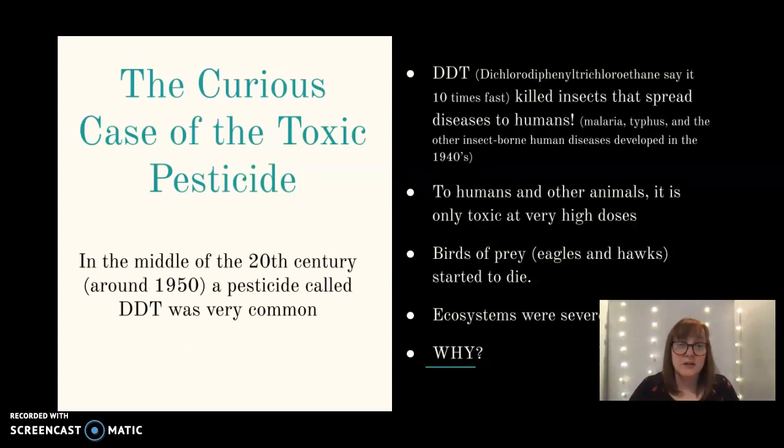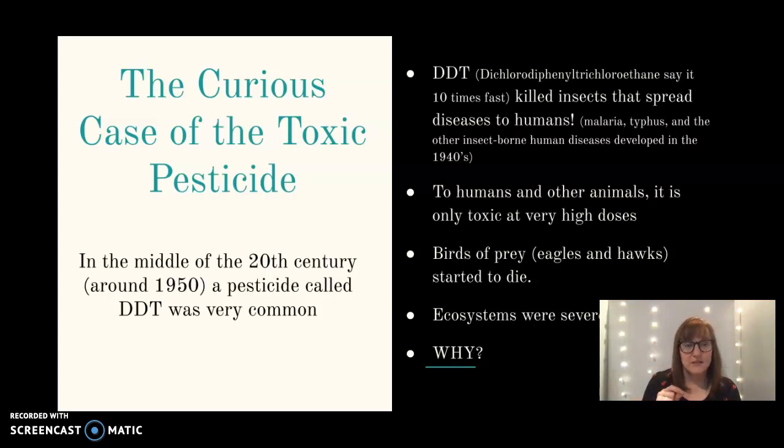So when talking about DDT, just so you know, the name of DDT totally will be on the test. Just kidding. But the name is dichloro-diphenyl trichloroethane. Ethane. I'll say it again. Dichloro-diphenyl trichloroethane. And it was used to kill the insects that spread disease to humans.